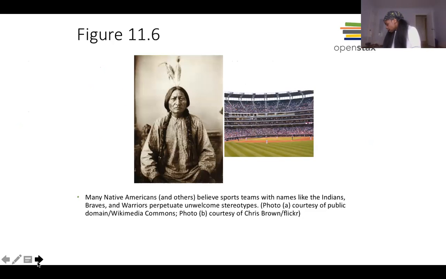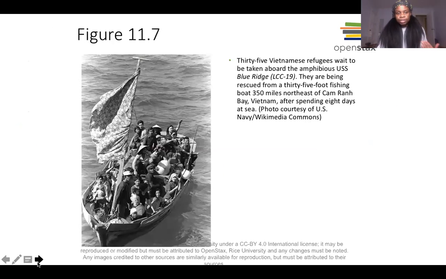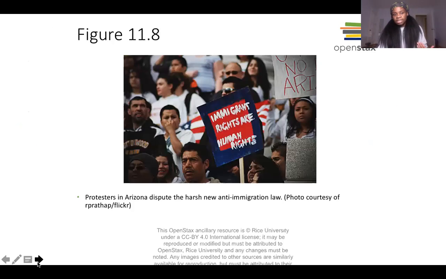They talk about specifically race and ethnicity in the United States. You're going to go through Native Americans briefly, the Vietnamese, Asians, Hispanics, Blacks, etc.